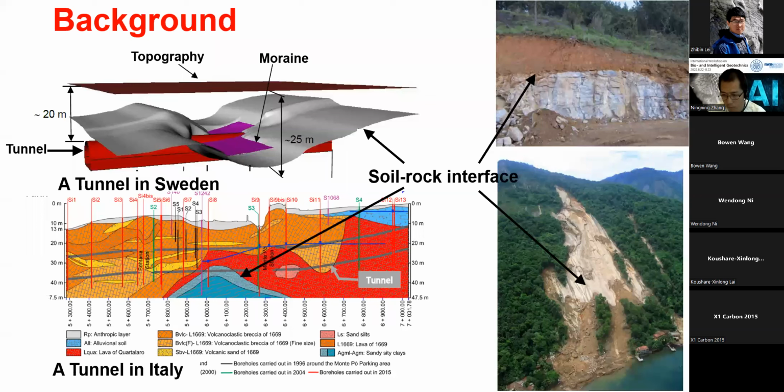And for slopes, the rockhead can affect the failure modes or the failure scale of landslides, especially for shallow landslides. So it's very important to predict the location of the rockhead in areas between boreholes.